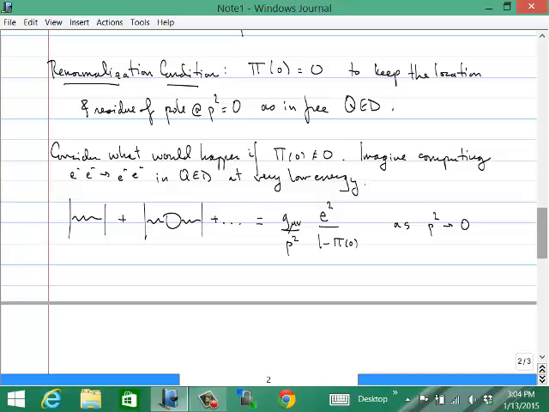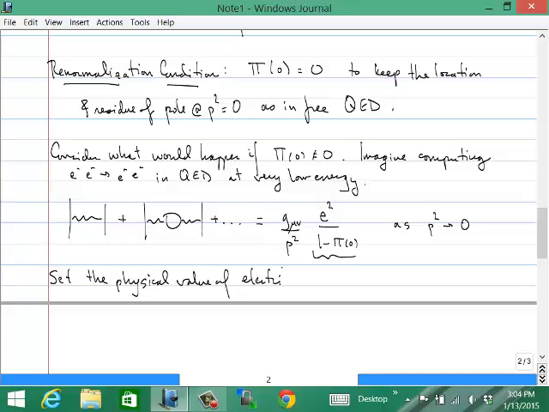So you could just define the physical or renormalized value of the electric charge to be precisely the quantity that's appearing right here where you would have thought the electric charge should appear.